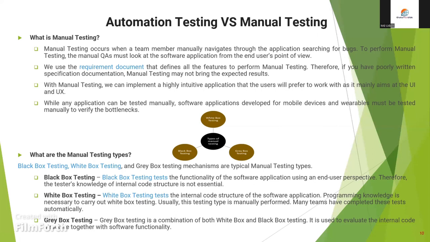Whoever does white box testing needs to know the internal coding structure and the programming language to write the code. That means an automation tester is a white box tester, because they know the internal code and the application too. Whereas the functional team are black box testers because they don't know the programming language or code. They just know the functionality of the system.